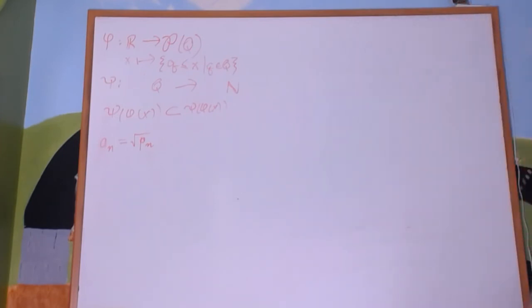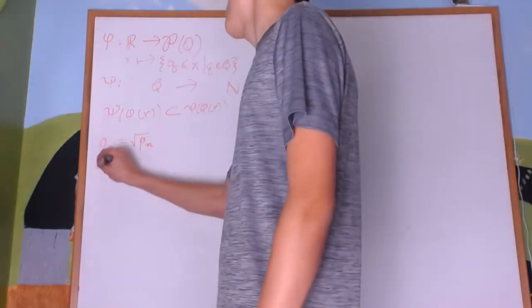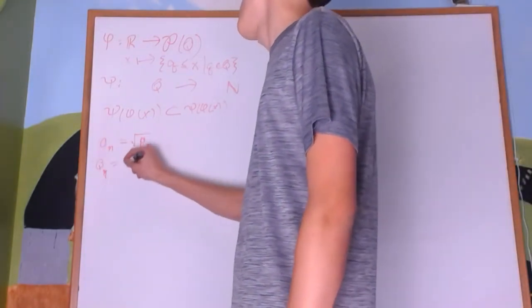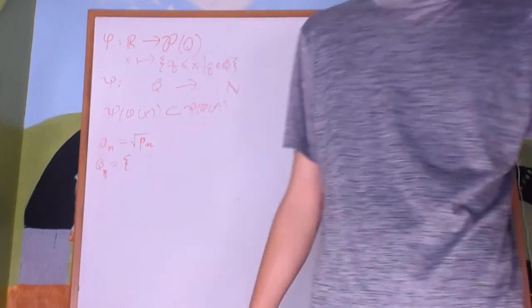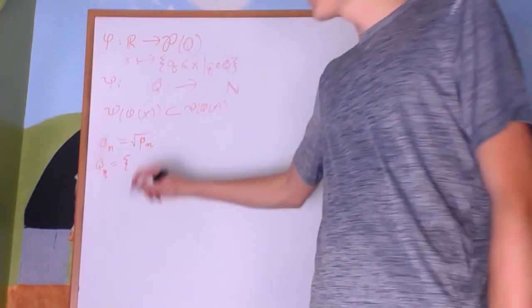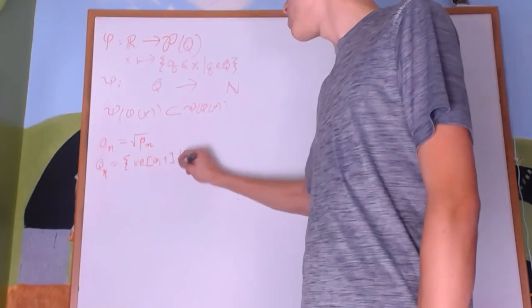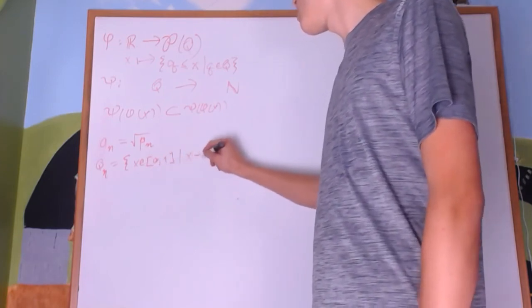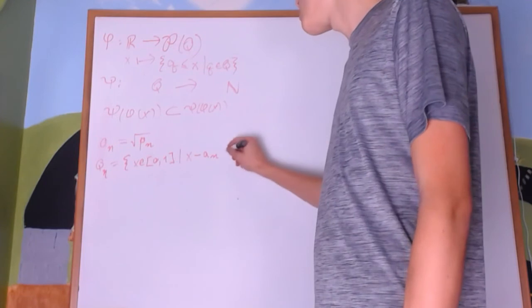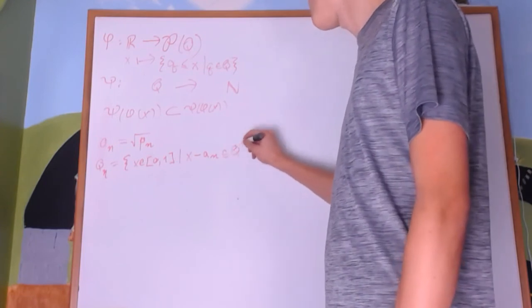And then you define a set Q_n to be the set of x in the interval such that x minus a_n is an element of the rationals.